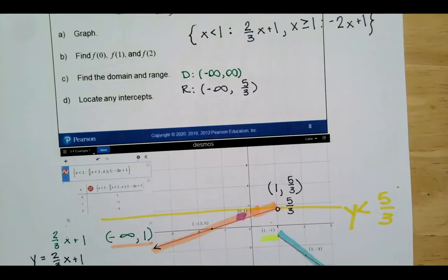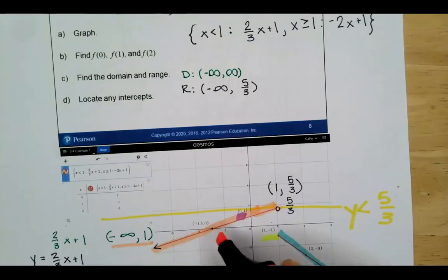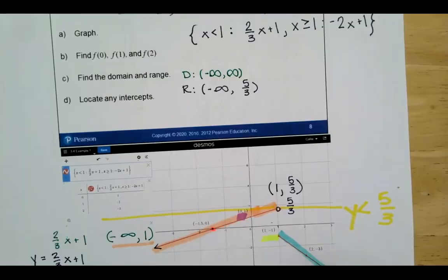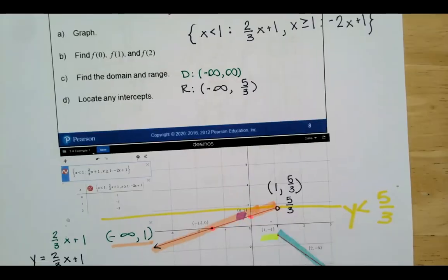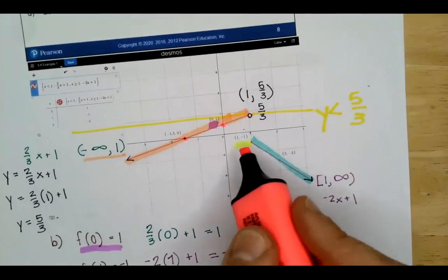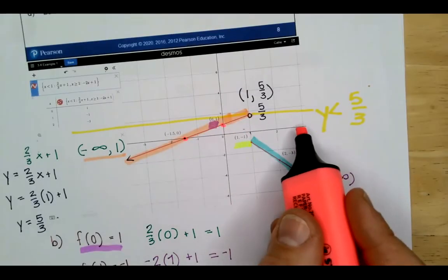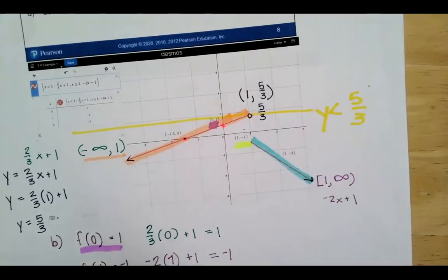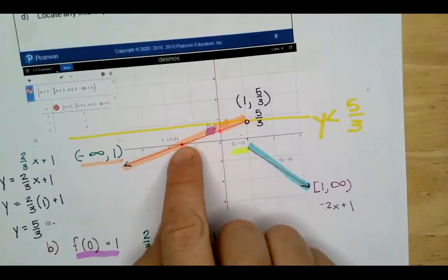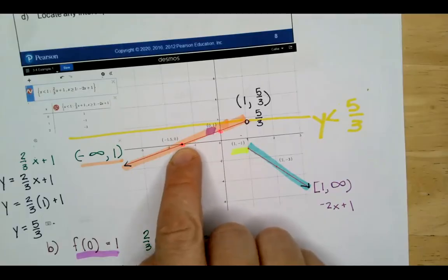Locate any intercepts. Another really good reason to use Desmos for this question, because they'll tell you, here is an intercept, and here is an intercept, right? This one does not intercept the x-axis or the y-axis, but this one intercepts the x-axis at negative 1.5.